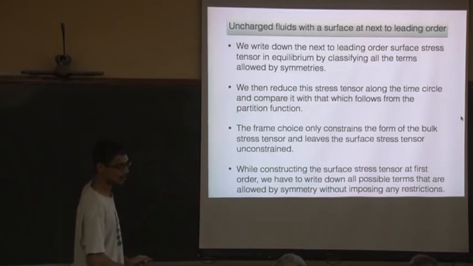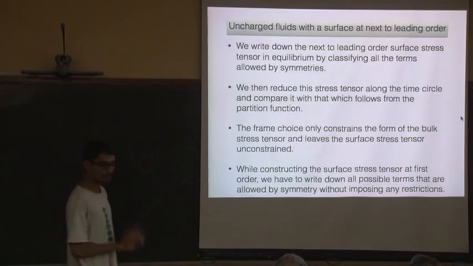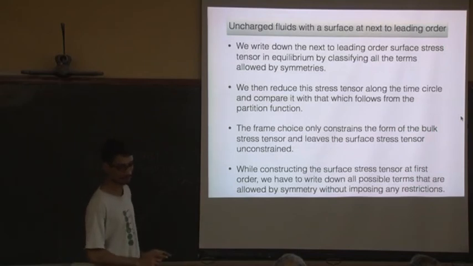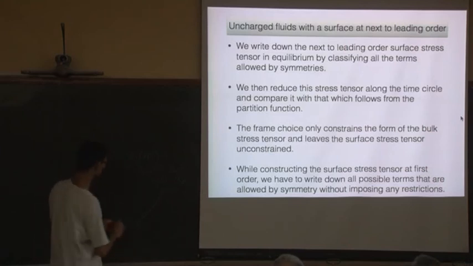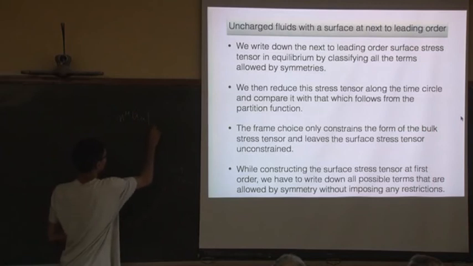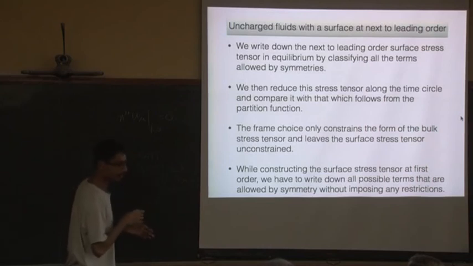Now, the frame choice that we have chosen only fixes the bulk stress tensor. Once I have used the n mu, q mu at the surface equals 0 and the Landau-like condition for the perpendicular to fluid, I fixed my u, so I cannot choose u at the surface extra.